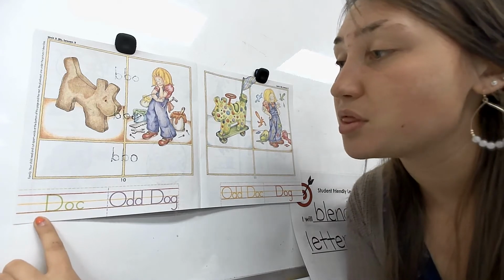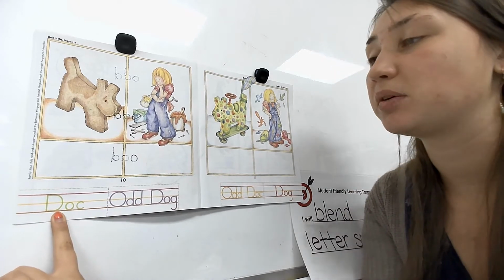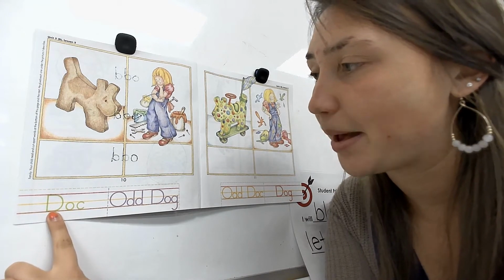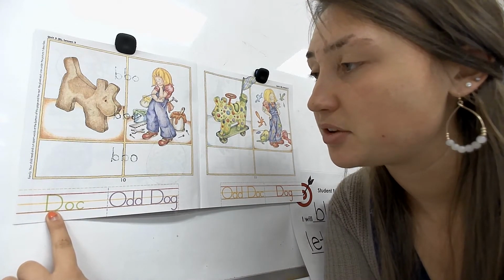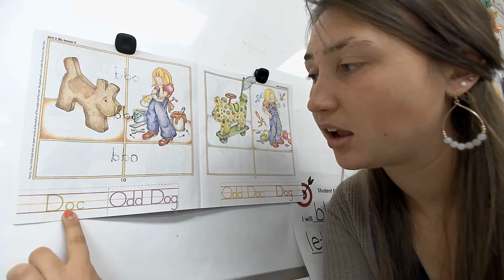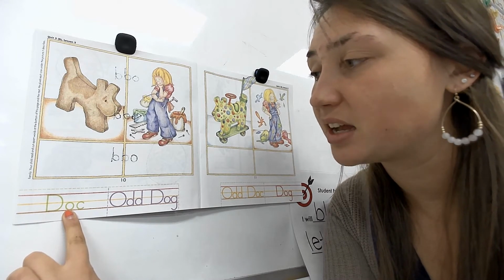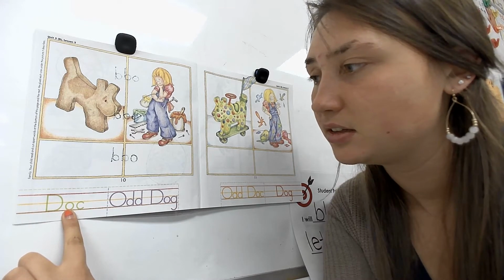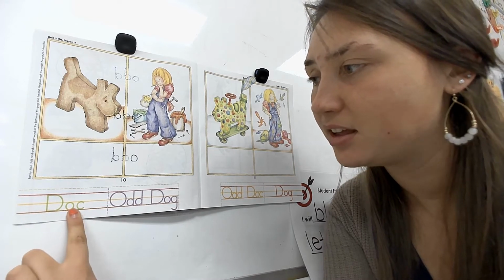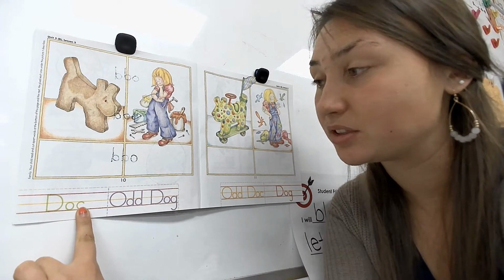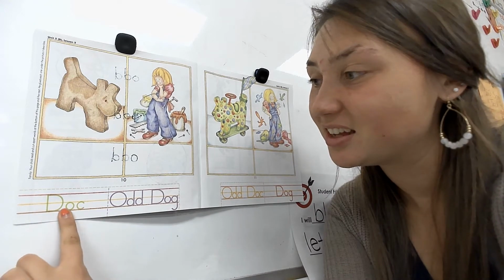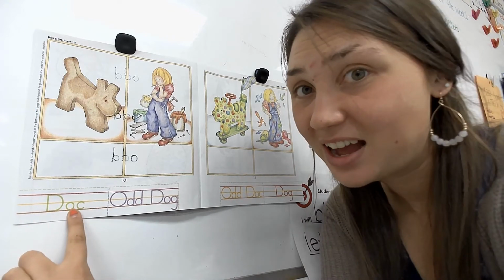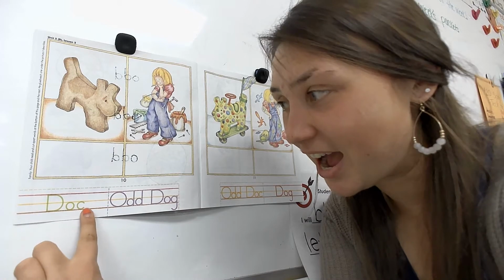So, let's start with this green word down here. You have to start by putting your finger underneath that capital D, and then you say the D sound, D. After you say the D sound, you slide it to the O, and you say the O sound, ah, and then you say the C sound, K. D, ah, K, Doc.